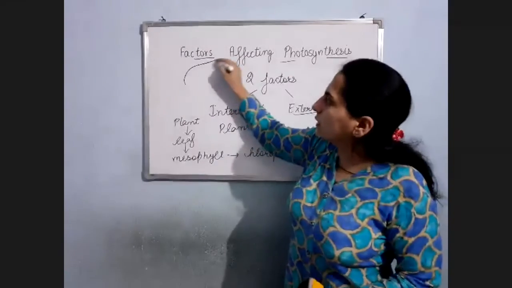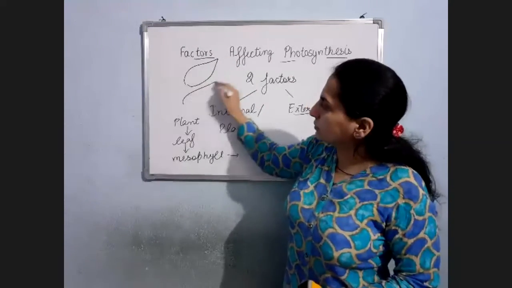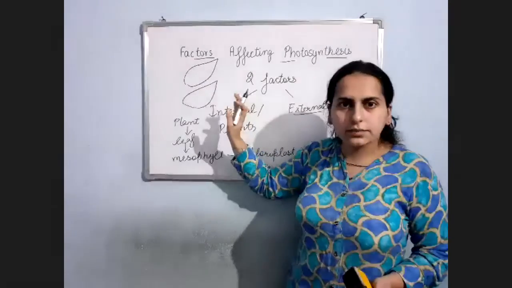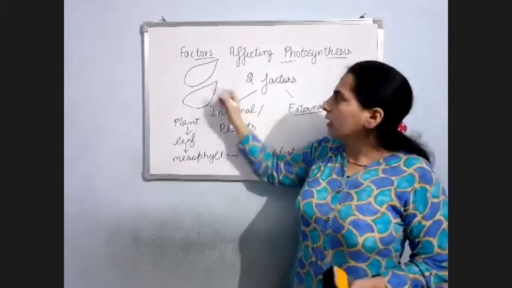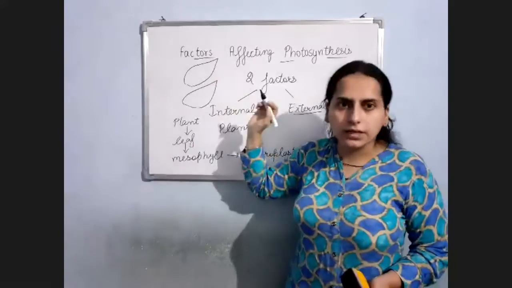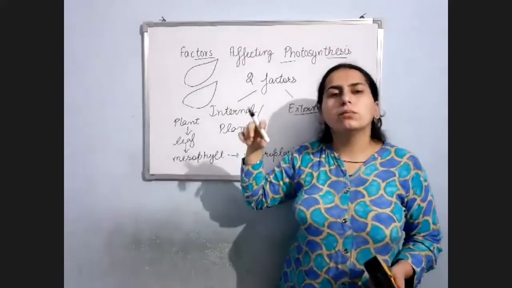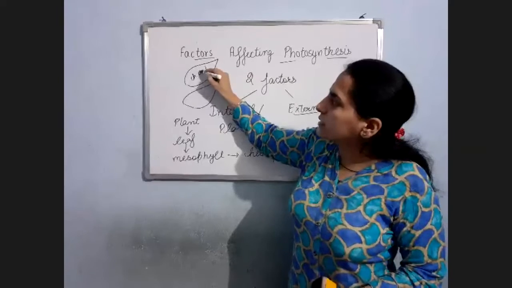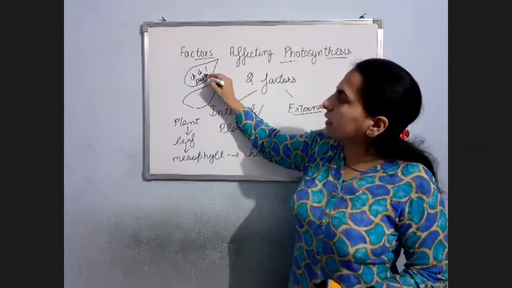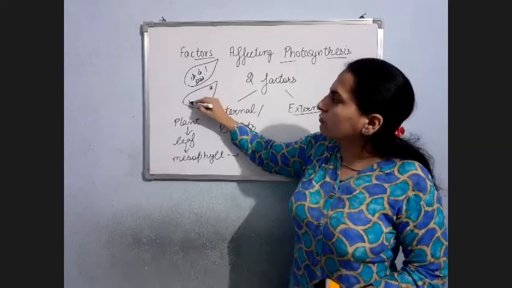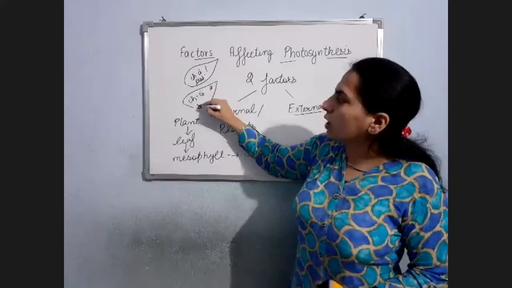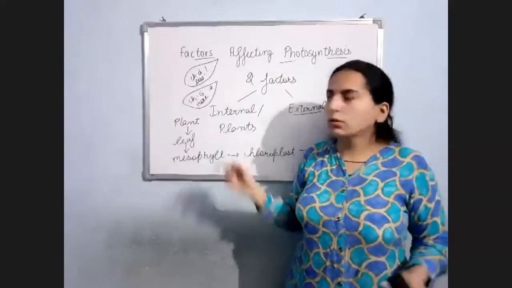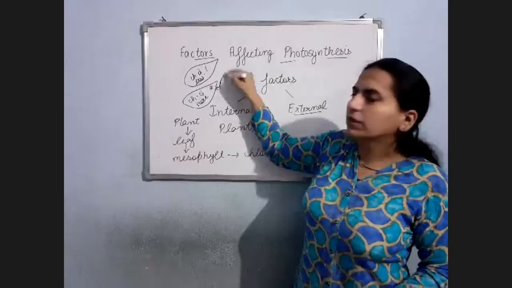Suppose again I have two leaves, both of same size, same shape, having same number of chloroplast. But in the first leaf, the chlorophyll is less. But in the second leaf, the chlorophyll is more. So now in which leaf would the process of photosynthesis be more? Your answer will be the second leaf.